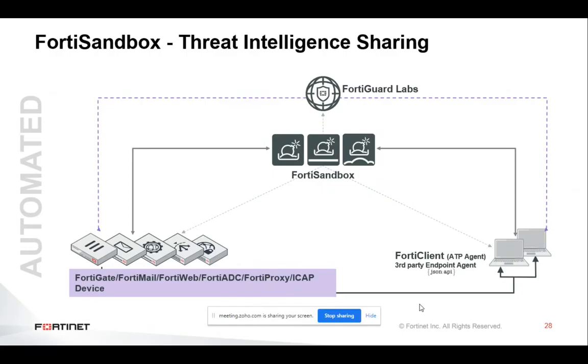So this is the same: if any of the models detect any suspicious file, FortiSandbox will give the update to all the Fortinet devices, whether it's FortiClient, FortiWeb, FortiMail, or FortiGate. And when a customer chooses to share FortiSandbox analysis with FortiGuard Labs, which is the Fortinet own update server, all Fortinet customers and products will receive updated protection. So it's like updating all the customers around the globe of Fortinet.